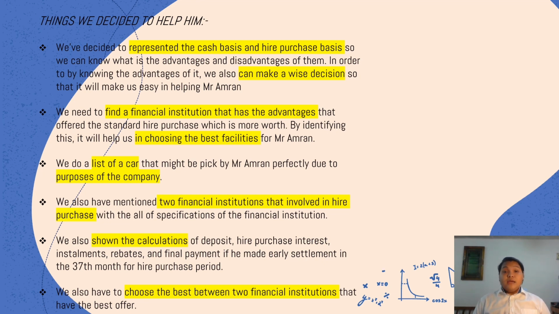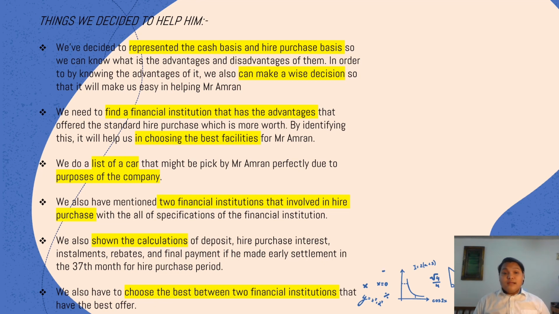By knowing them, we can also make a wise decision, which makes it easier to help Mr. Amran. Next, we need to find a financial institution that offers the standard hire purchase, which is more worthwhile. By identifying this, it will help us choose the best facilities for Mr. Amran.